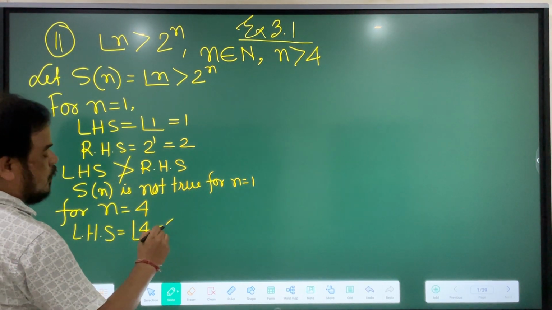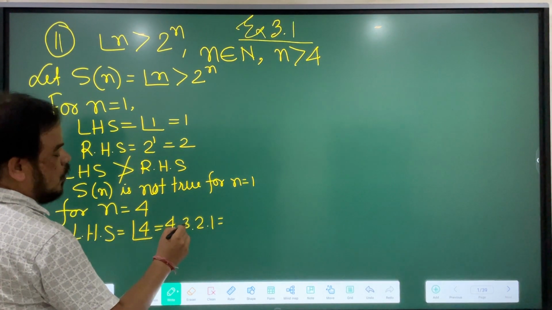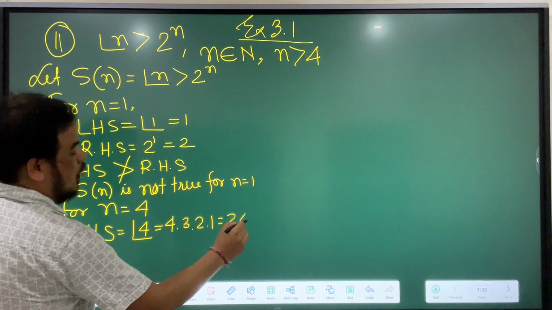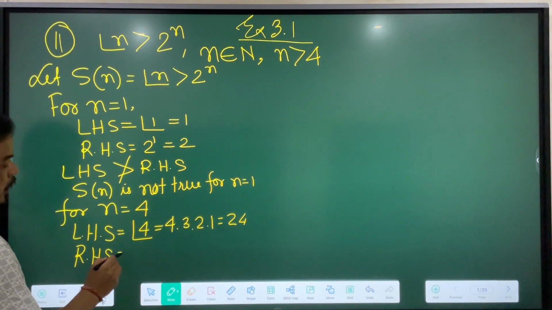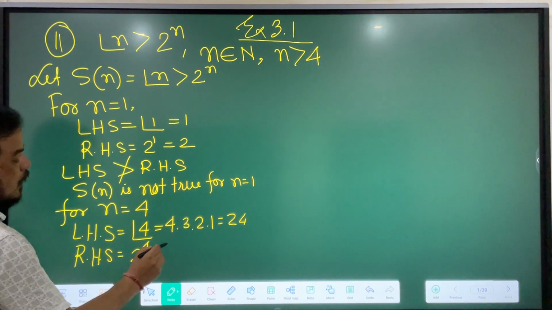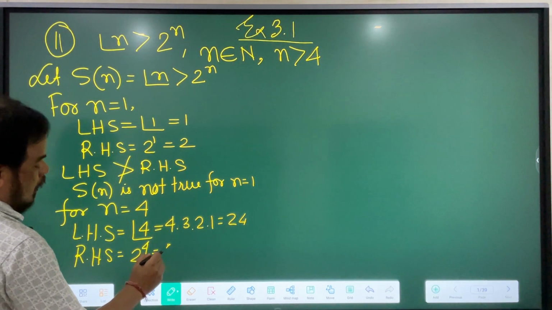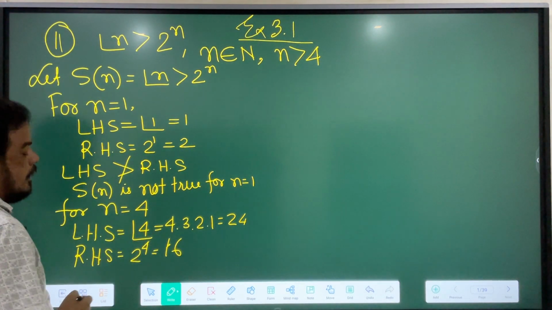Let us do the calculation: 4 into 3 into 2 into 1. 4 threes are 12, 12 twos are 24. Then RHS is 2 to the power 4, because n equals 4 is taken. So 2 to the power 4 is 16.